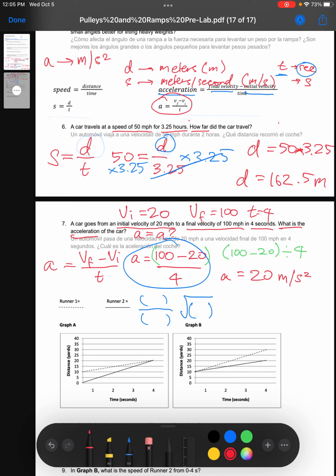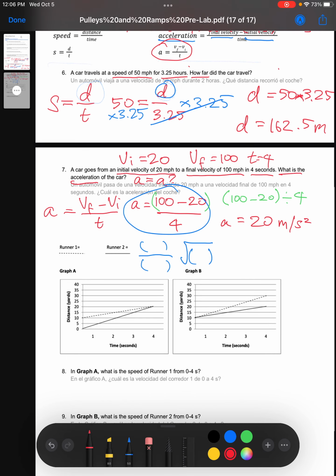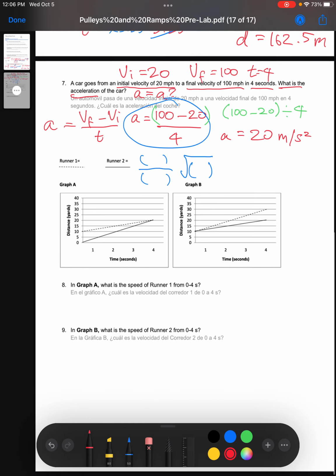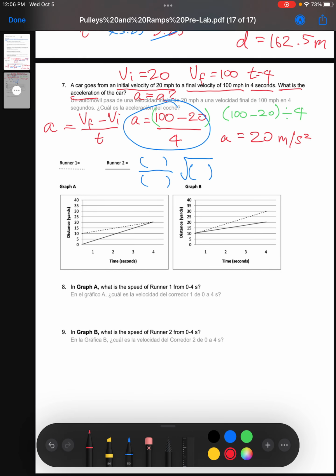So let's move on to question 8. Question 8 says, in graph A, what is the speed of runner 1 from 0 to 4 seconds? So in graph A, here is runner 1 at the top, and here's runner 2 at the bottom.